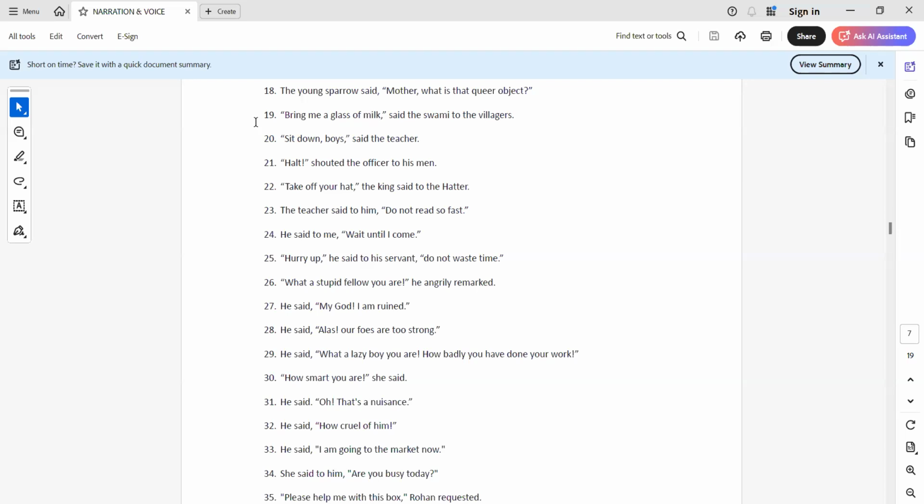The teacher instructed the boys to sit down. The officer commanded his man to halt. The king said to the hatter. The king commanded the hatter to take off his hat.